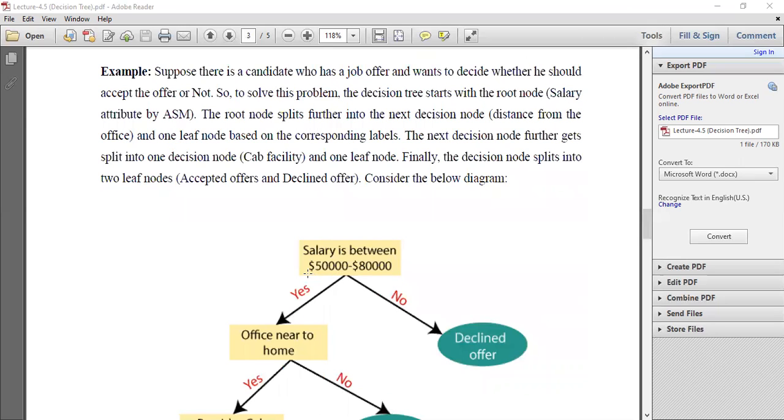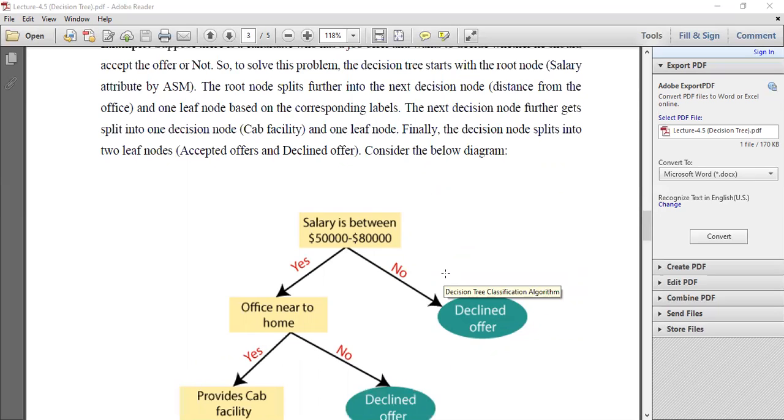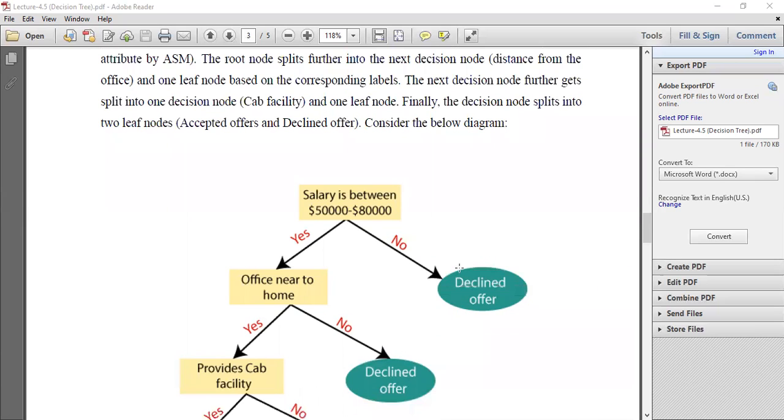The salary is $50,000 to $80,000. And the root node is split further into the next decision node. First is distance from the office. Is the office near to home or not?